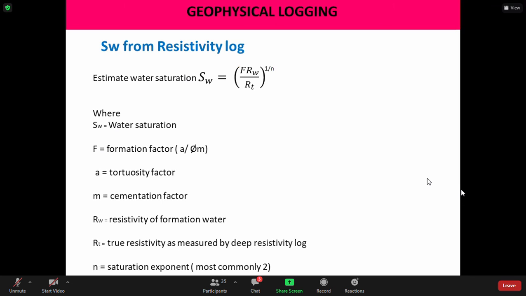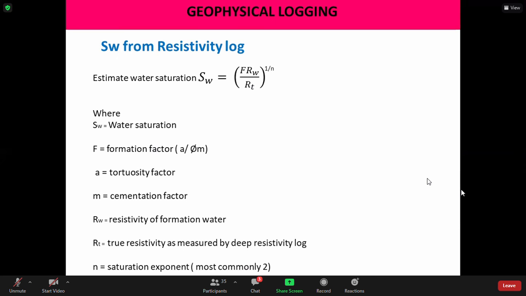So this is the formula for estimating our water saturation. So when our n equals 2, we can see our water saturation equals the square root of the product of formation factor and resistivity of the water over the true resistivity.